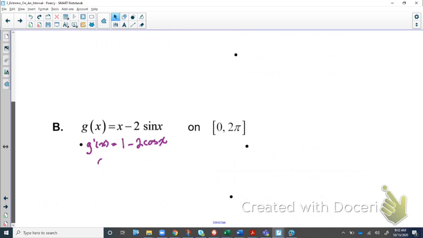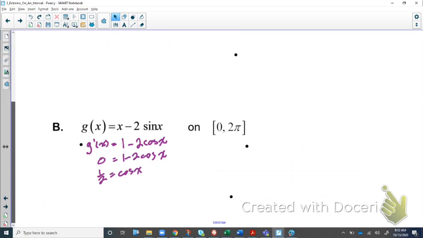So I'm going to set this equal to 0: 1 minus 2 cosine of x. Moving the 1 over and dividing by -2, I'm going to get 1/2 equal to cosine of x. So here we're going to see what x values would produce 1/2 on the unit circle.